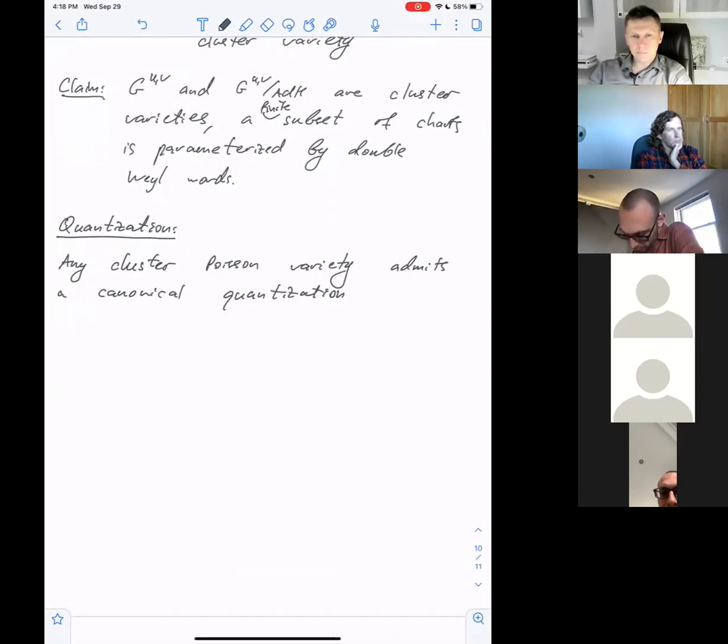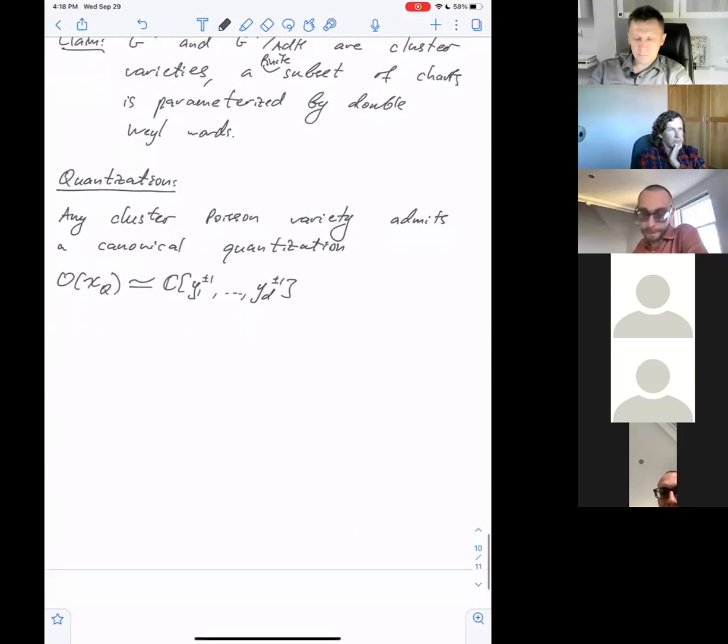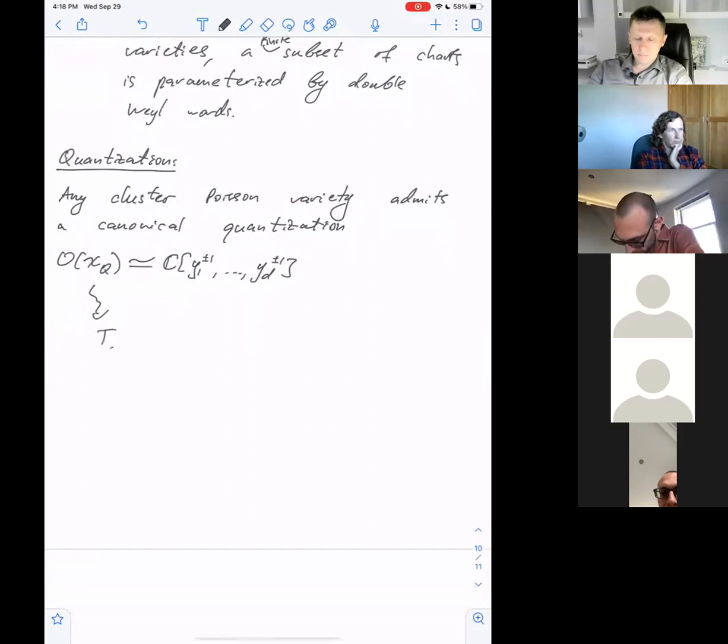So as I promised, we will be only quantizing the algebra of functions on this cluster variety. So chi q is a chart labeled by the quiver q, and the algebra of functions on chi q is C star to some power d. So the algebra of functions is just polynomials in variables y1 up to yd and their inverses. And then what we do, we quantize that guy, replacing it with what people call a quantum torus.